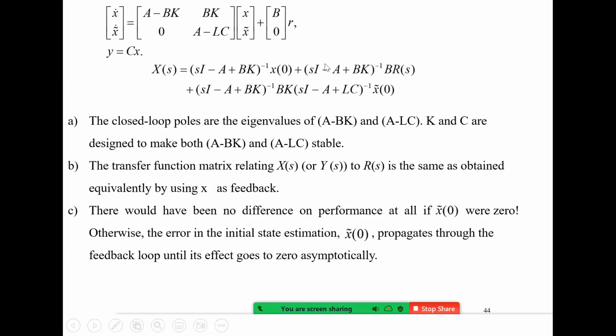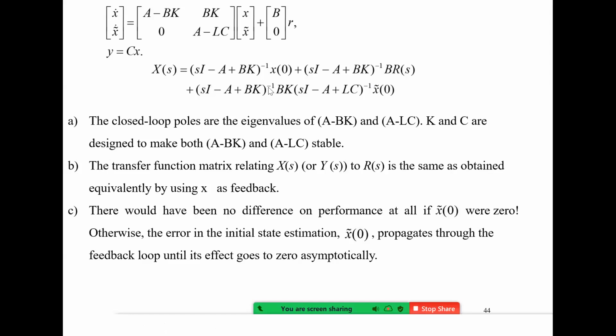Now, with the estimated state, we have this extra term contributed by the estimation error. If there's no such term, of course, the performance will be the same as the one with purely state feedback. But because of this, the errors in the initial state estimation will propagate through the feedback loop until this whole effect goes to zero.